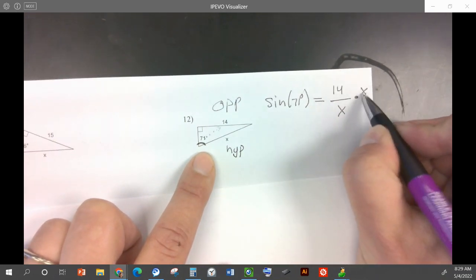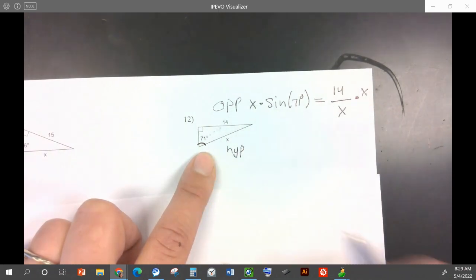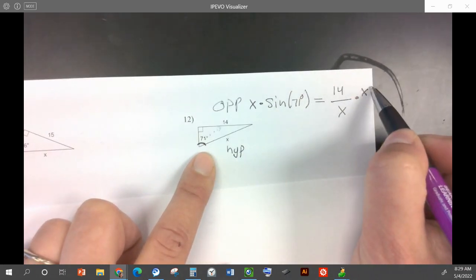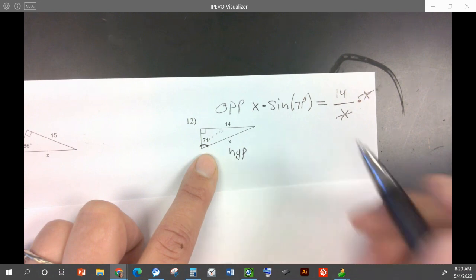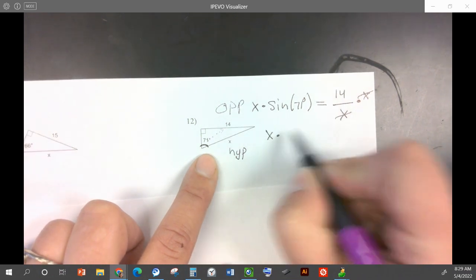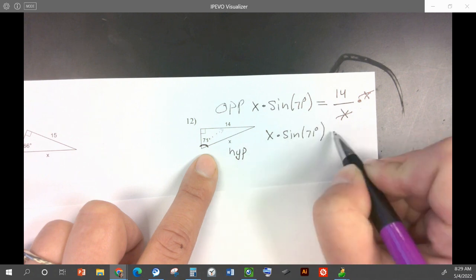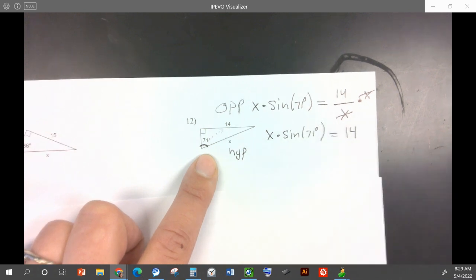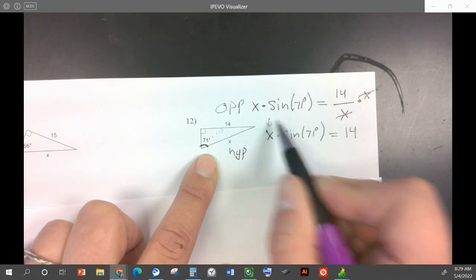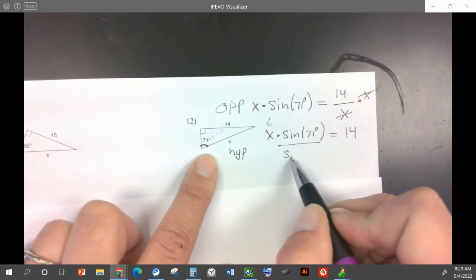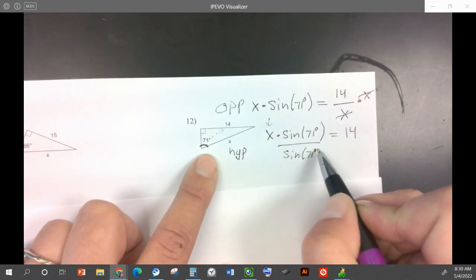So we would multiply both sides by x to get x off the bottom. So we've got x times sine of 71 is equal to 14. And then we need x by itself, so we're going to divide both sides by sine of 71.